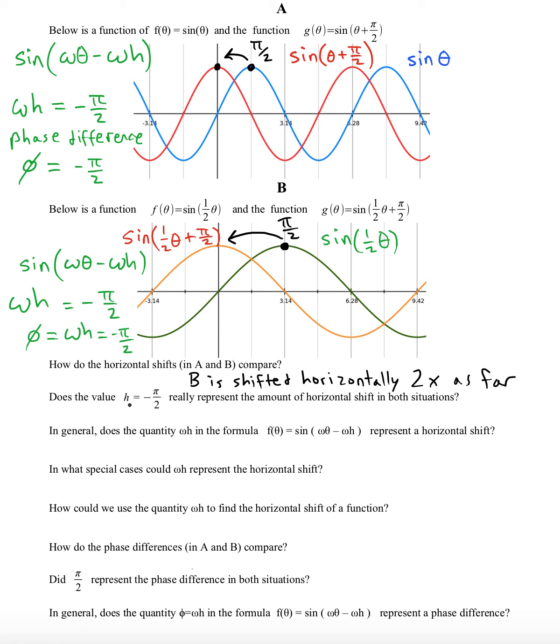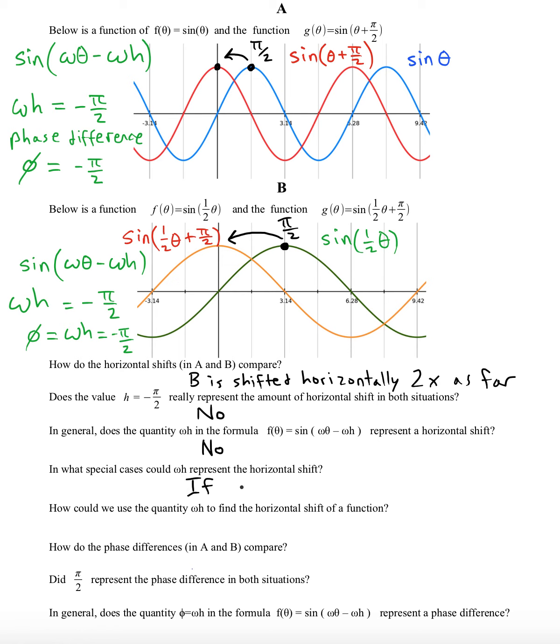So does the quantity h equals negative pi over 2 really represent the amount of horizontal shift in both situations? No. Does the quantity omega h in the formula actually represent a horizontal shift? No. In what special cases could omega h actually represent the horizontal shift?